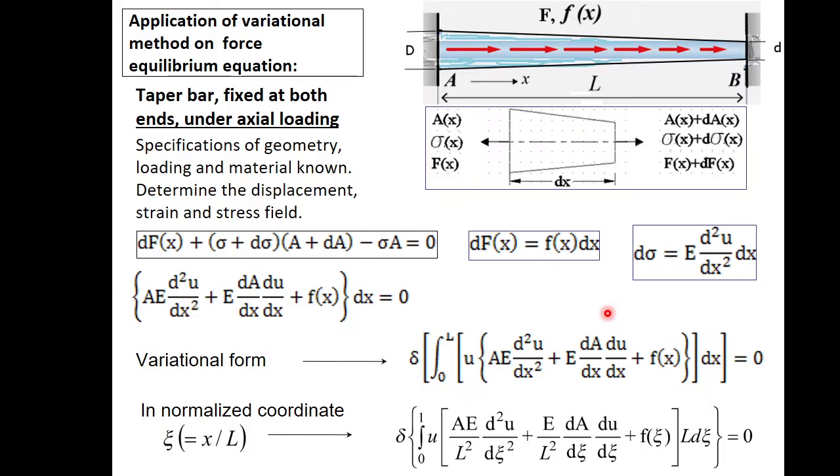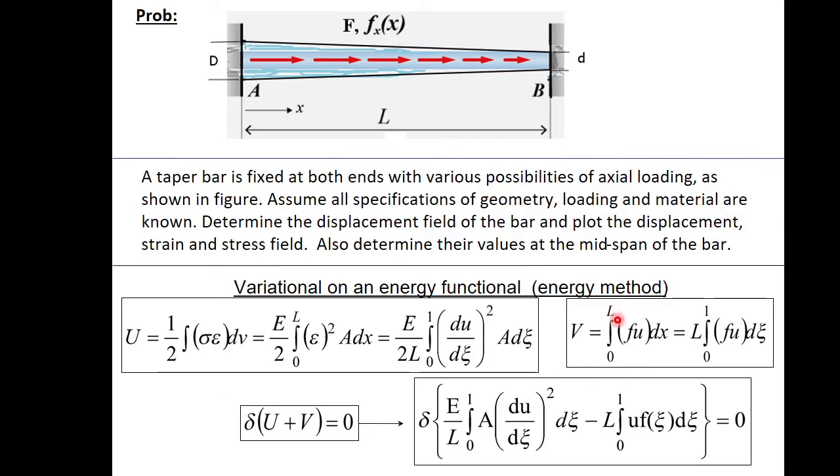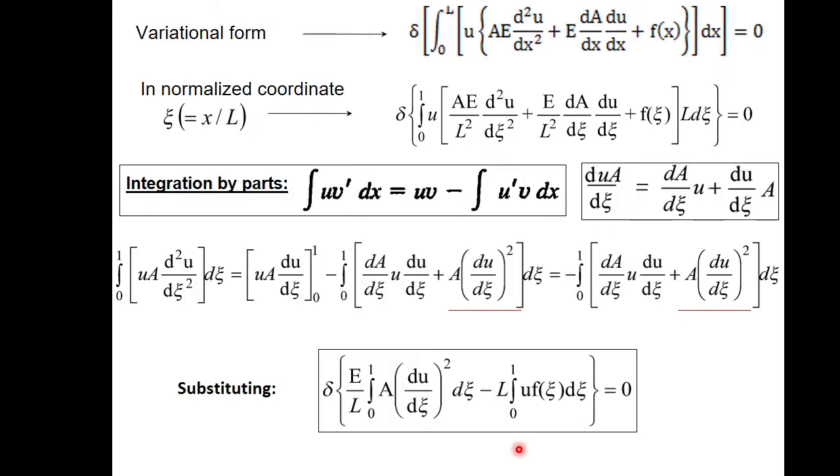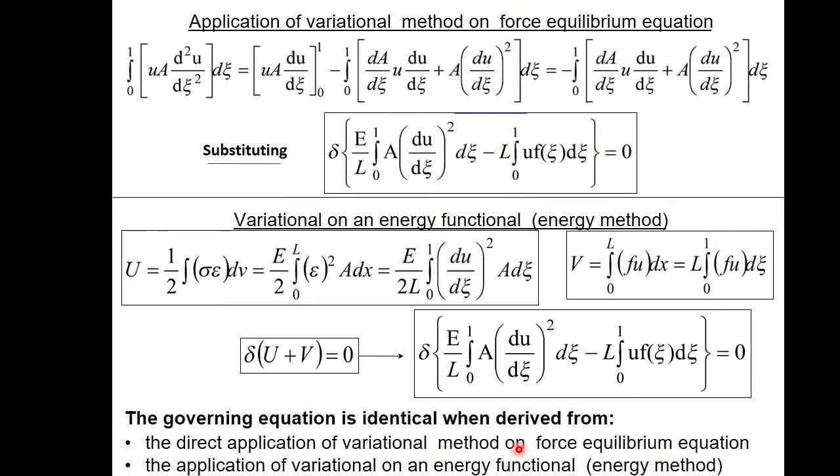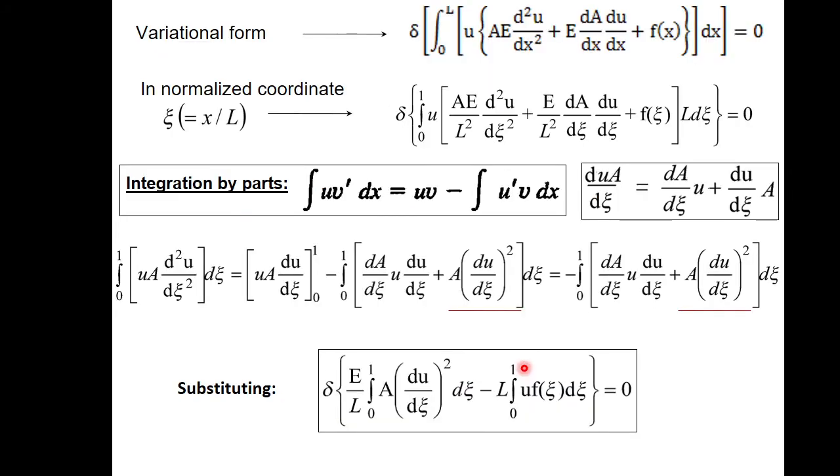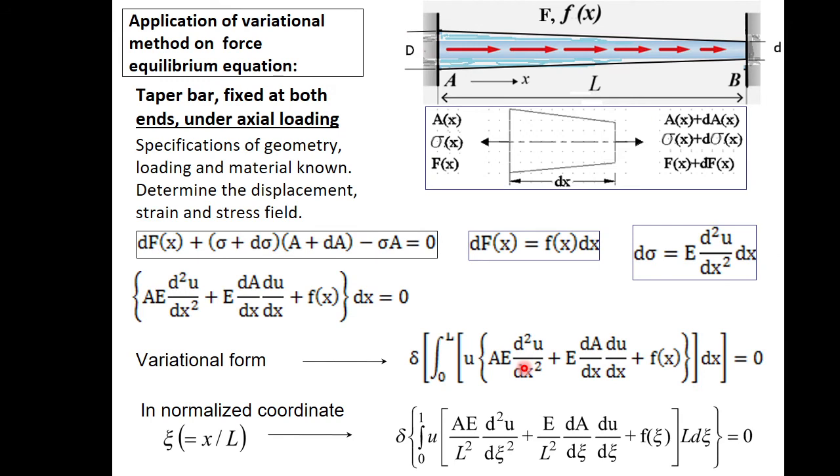You see, the derivation is carried out by another method as well. The result should be identical. This form and this form should be identical, and let us check this one.